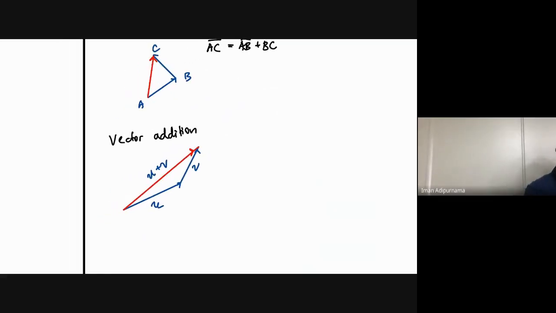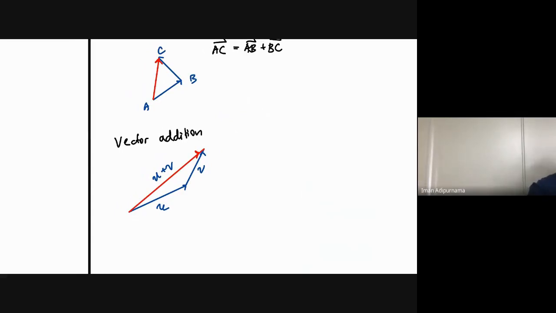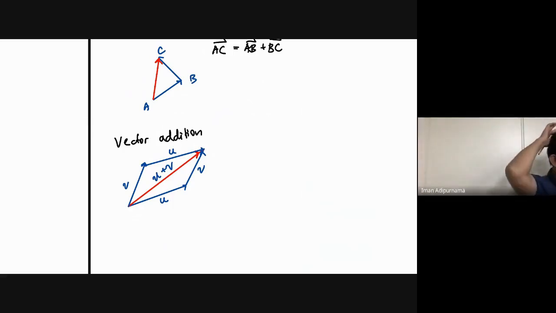And you can think of this U plus V in terms of another V and another U. This we call the parallelogram.